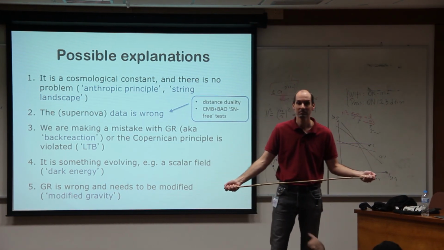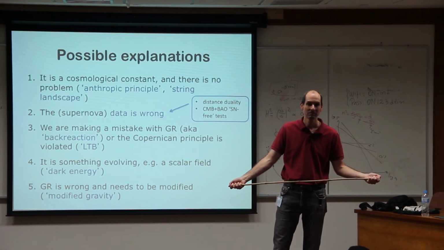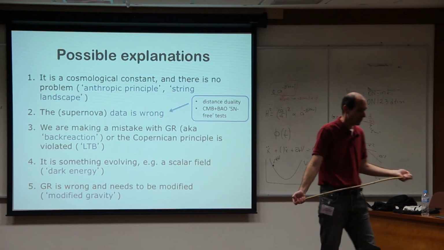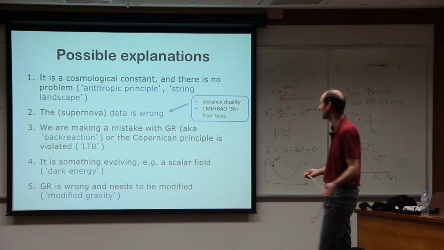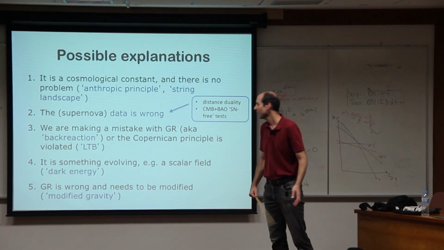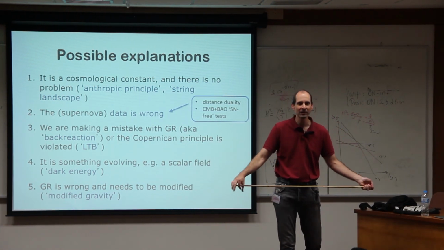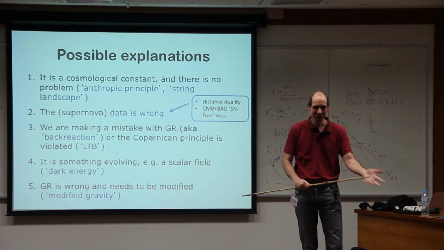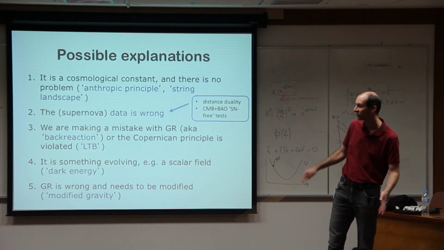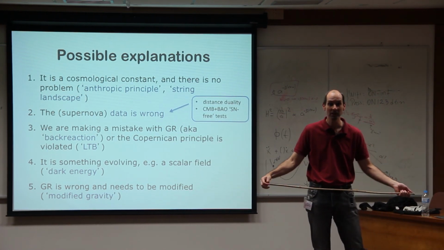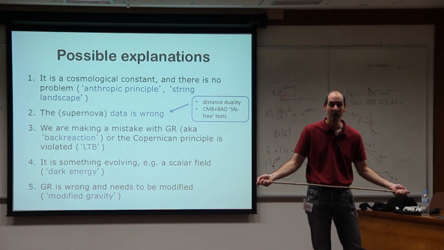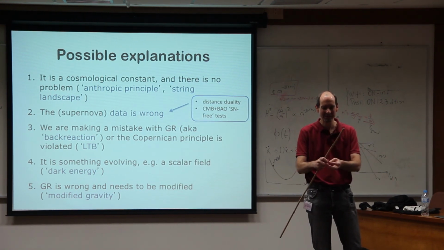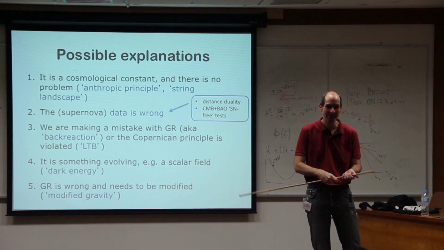Questions? Quantum gravity can be a possible explanation? Well, typically quantum gravity is a high energy phenomenon, like an ultraviolet modification. So on very small scales, like the Planck scale, you modify gravity.